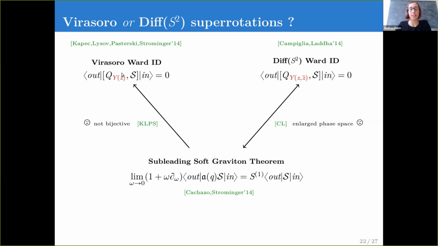So this means that the vector field Y should be allowed to be not only holomorphic, but any function on the celestial sphere. And what was found here was that the Ward identity for this symmetry group is actually equivalent with the subleading soft graviton theorem. However, the price to pay for this nice equivalence is that the phase space has to be enlarged. And the reason for that is that these diffeomorphisms change the metric on the celestial sphere at leading order.